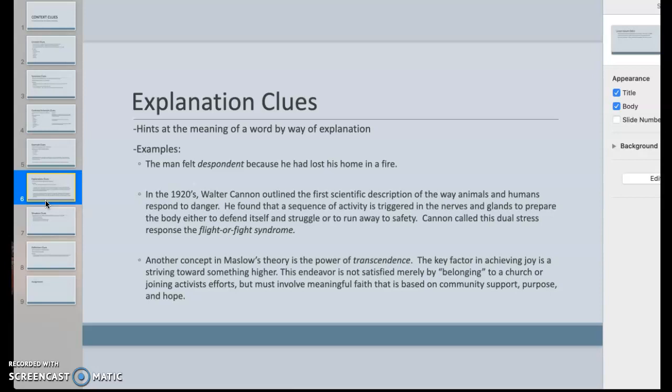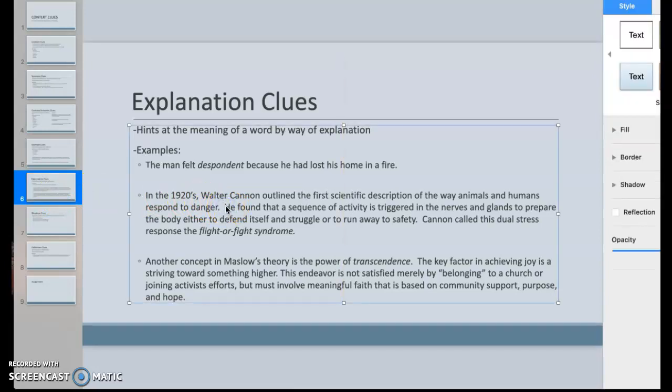And fight or flight, as you notice here, is what's in italics. So that's the thing that's not defined, except that they do explain, starting with this "he." It's triggered by nerves and glands to prepare to either defend or run away. So this is our explanation of this particular word.